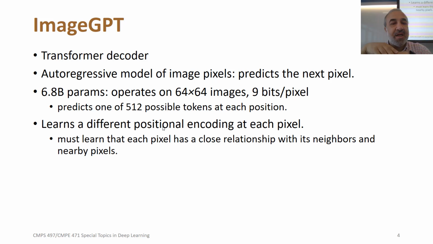The image GPT, or any transformer-based model that is used for images, has to learn its own positional encoding at each pixel. Remember, for CNNs, by structure, we know that each pixel has neighbors, right? And that's how we design kernels to process a region, right? But that kind of 2D region is not known by default by the transformers.